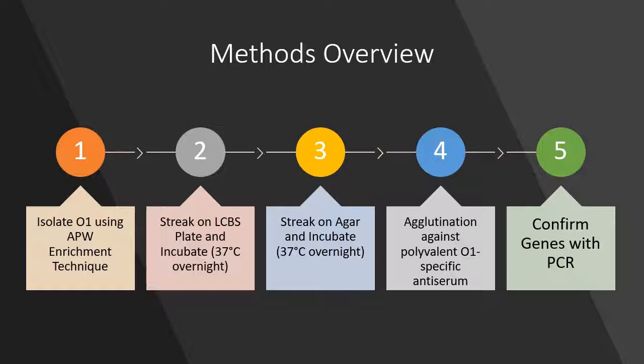How agglutination works is that you get special antibodies that are only specific to the O1 serum, and these specific antibodies bind to the antigens of an O1 cholera cell. So then a positive marker will show, letting you know, hey, we have detected some O1 antiserum. Once we were able to confirm that that specific sample was an O1 strain, we then went again to double check by performing PCR, or polymerase chain reaction.